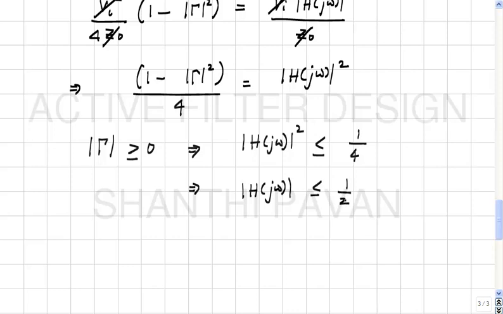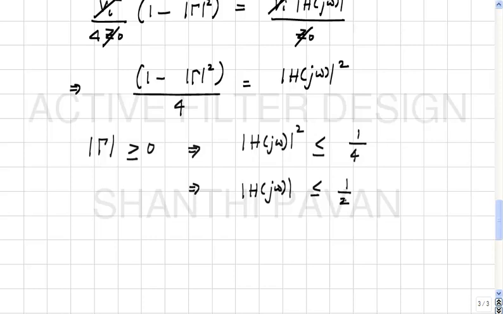Of course, it didn't need me to tell you this, because if you had an LC ladder with both impedances being the same, then it's immediately apparent that you cannot get a voltage gain greater than half, at DC for sure. This is telling you that at any frequency it is not possible to get a gain greater than half. You understand?